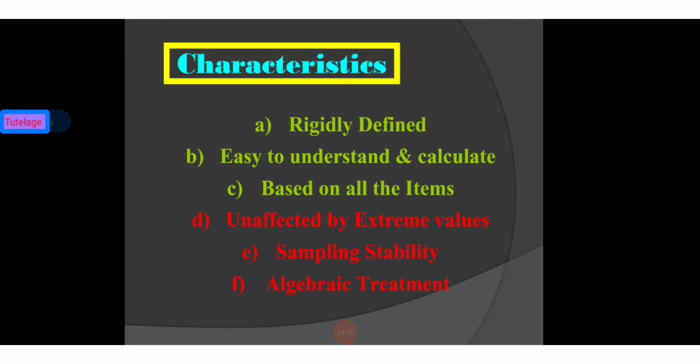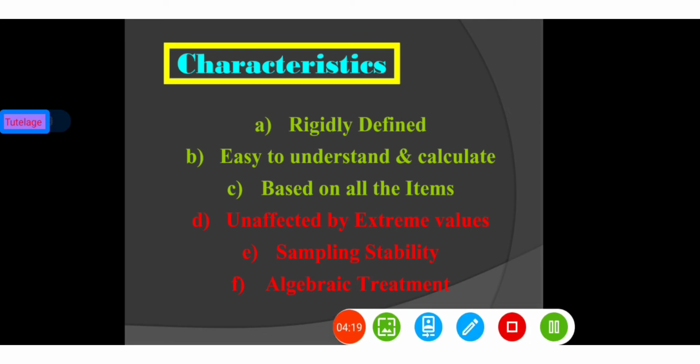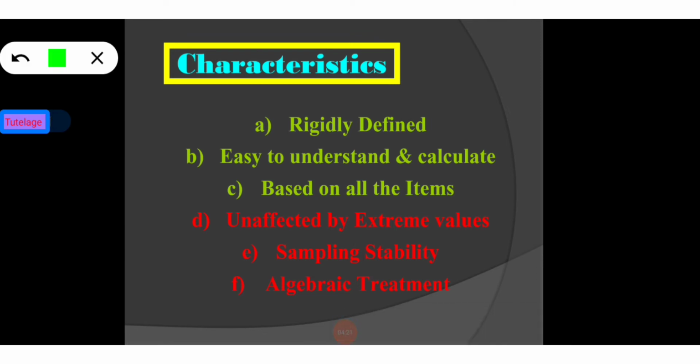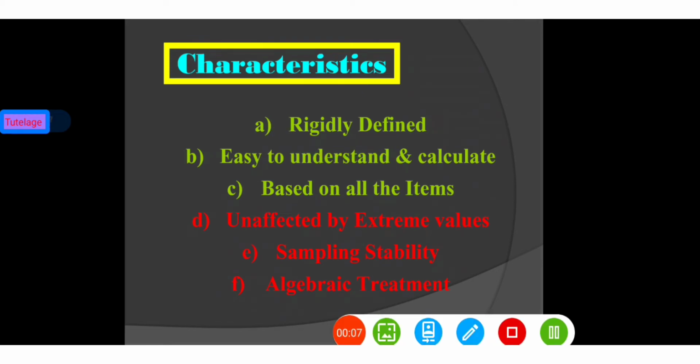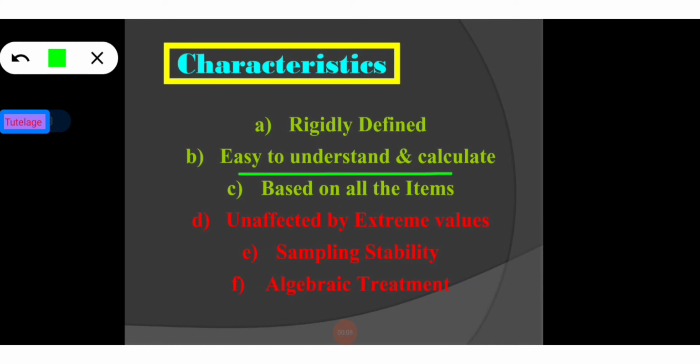Okay, so the first characteristic of a good measure of dispersion is that it is rigidly defined. It should be precisely and clearly defined. The second one is that it is easy to understand and calculate.